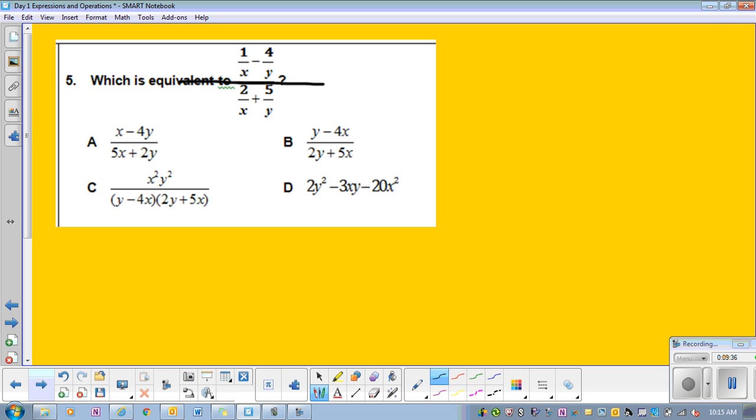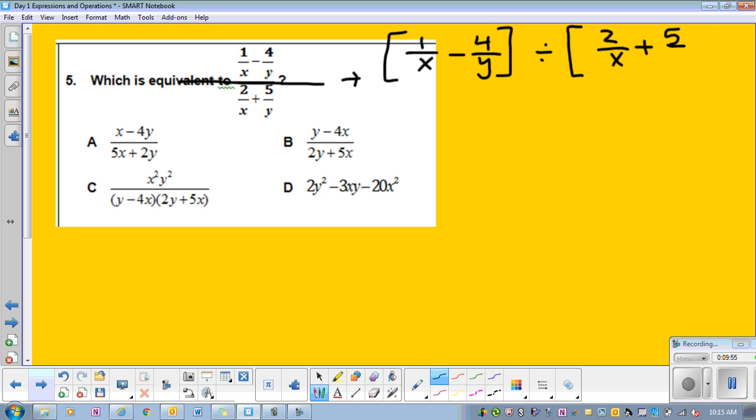So let's rewrite this. Up on top, I have 1 over x minus 4 over y, divided by 2 over x plus 5 over y.